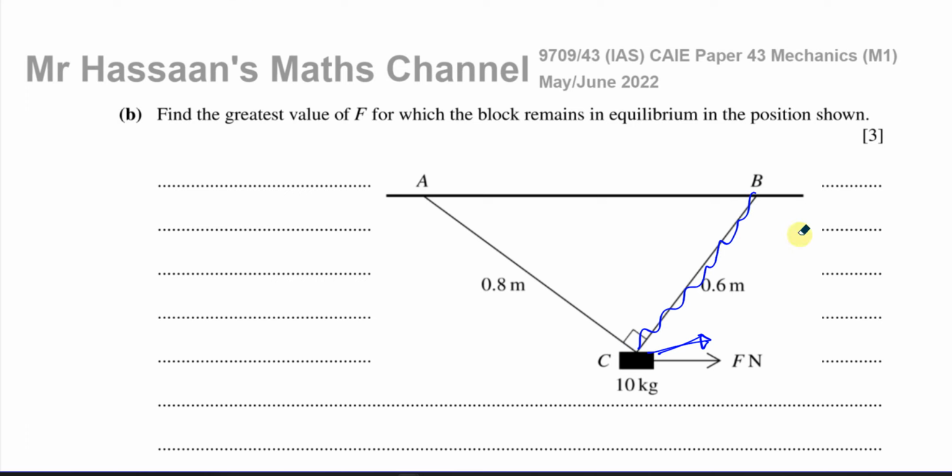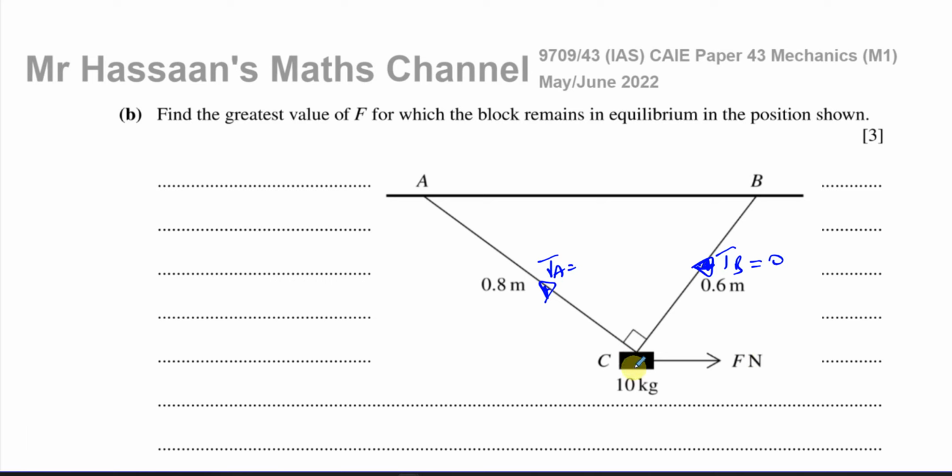So it's like you're trying to find the limit such that the tension in this B is going to be zero. So you want to find the value of F such that the tension in this becomes zero. That's what we're trying to find. So when the tension in string B becomes zero, at that point, that will be the maximum value of F for which it remains in equilibrium.